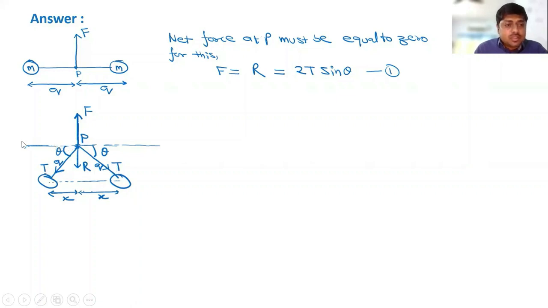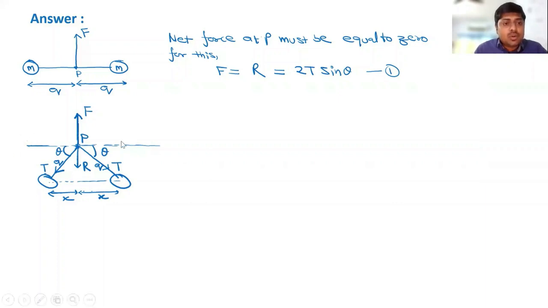Let's assume there is a plane here passing through this point P, and these strings make an angle theta on this side and this side with respect to this plane. So we can say that this tension T will have two components.